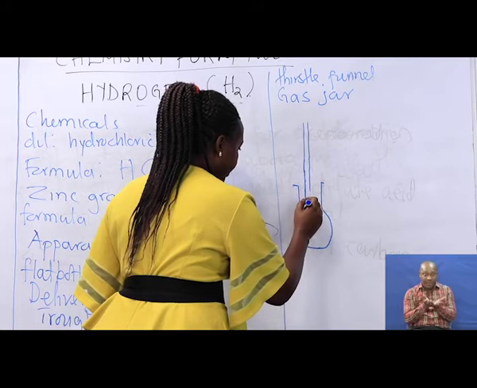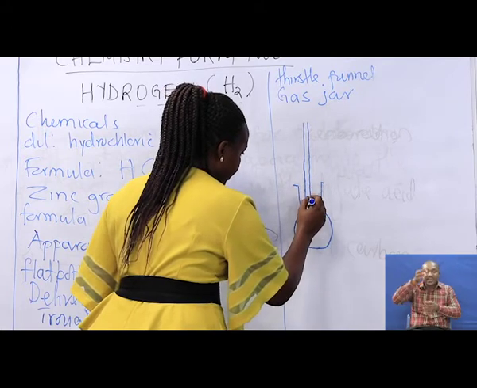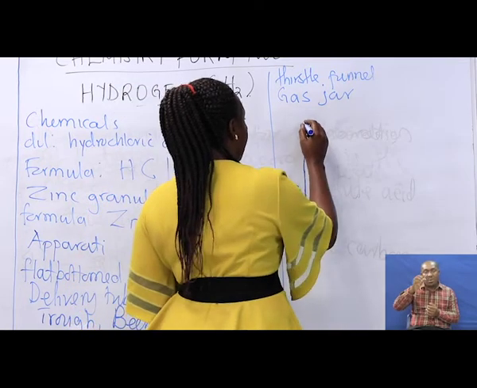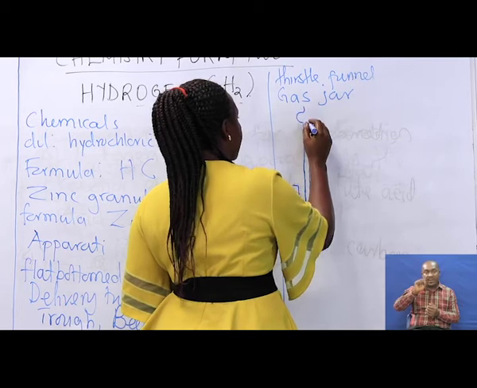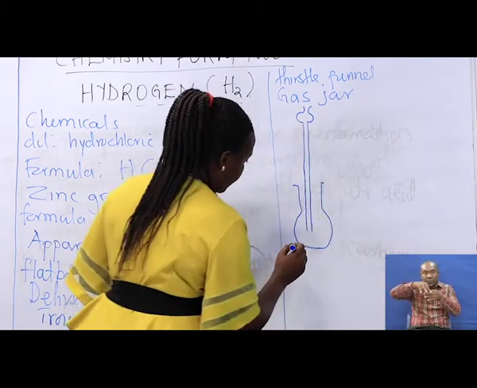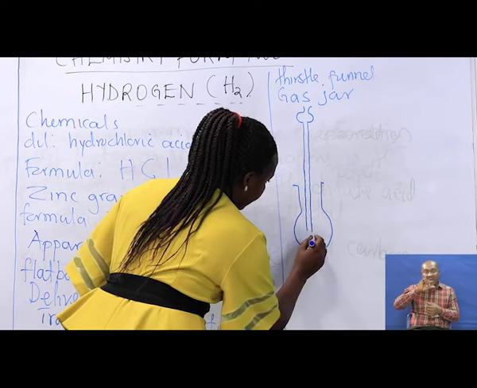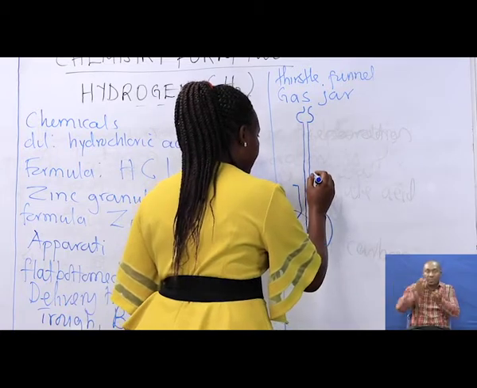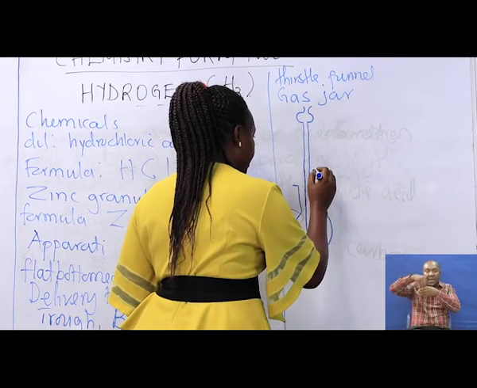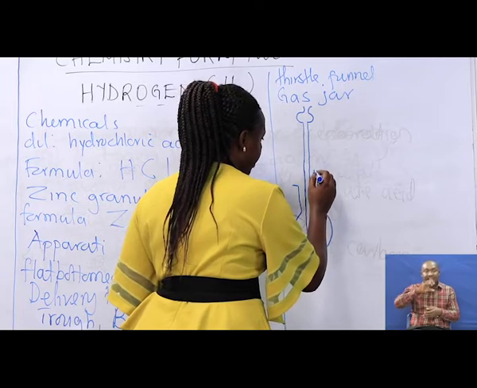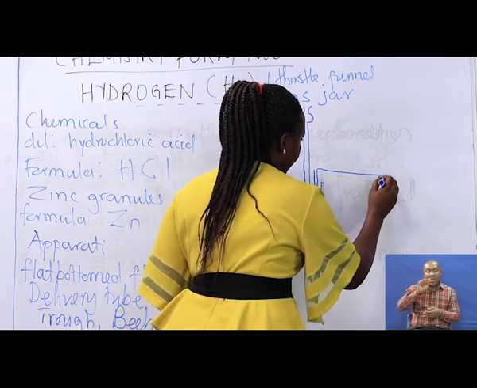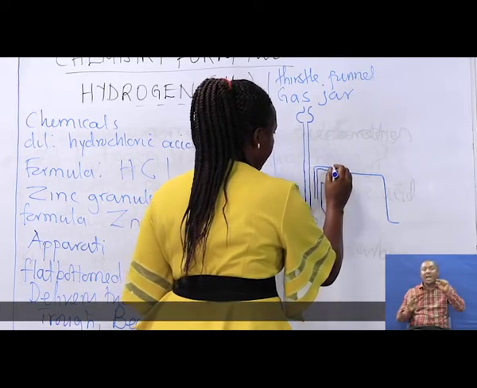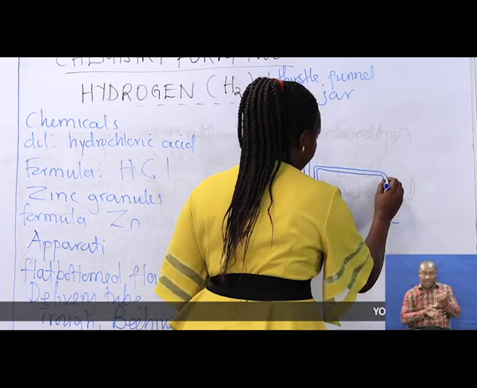Inside the flat-bottomed flask, you are going to place the thistle funnel, which will allow the acid to pass through and meet the zinc granules. Inside the flask, you add zinc granules. And we must also have a delivery tube to transfer the gas into the gas jar.